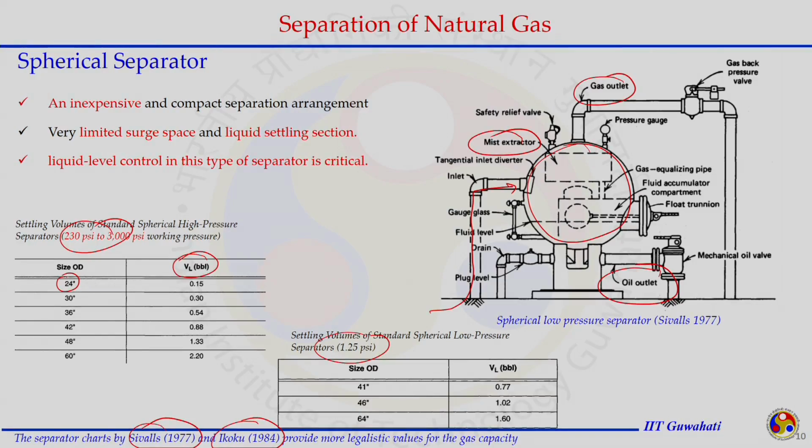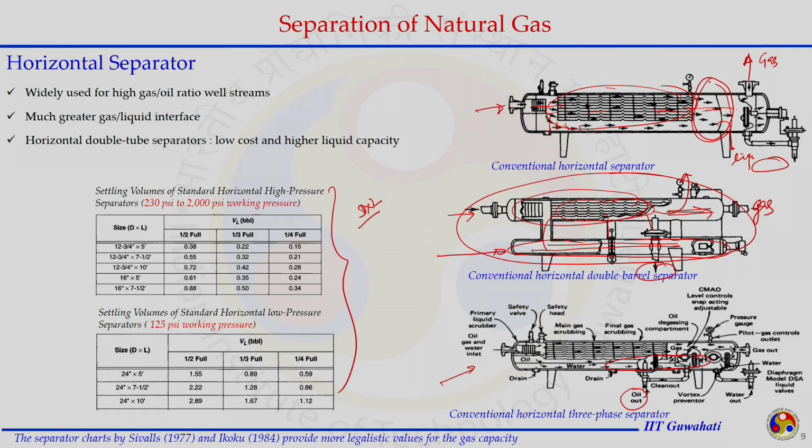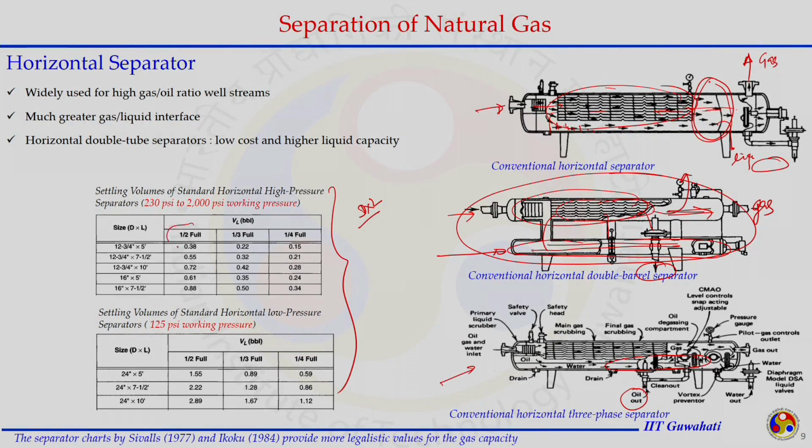So, considering for example the horizontal separator, how much of the area or volume available in a separator is going to be occupied by the liquid, because the remaining will be for the gas. If we consider a half, 1/3 or 1/4, accordingly we have to choose the size. We have to choose the diameter and length, considering how much of the total volume is occupied by the liquid, and what amount of liquid we are going to deal with.